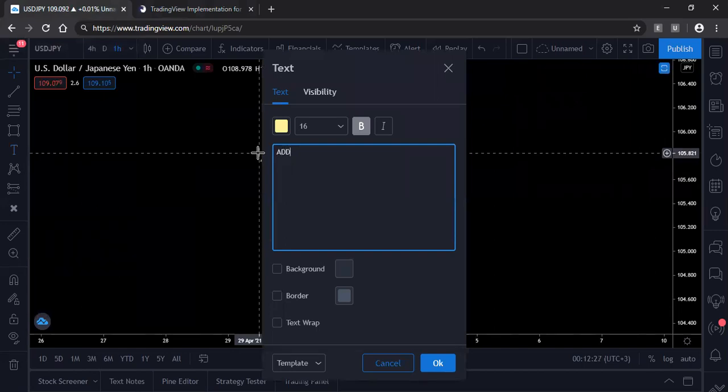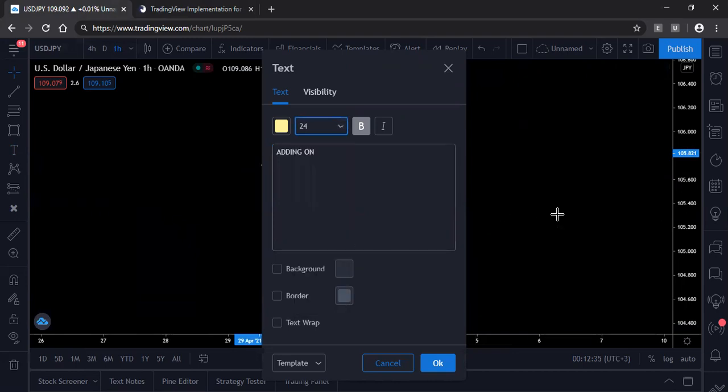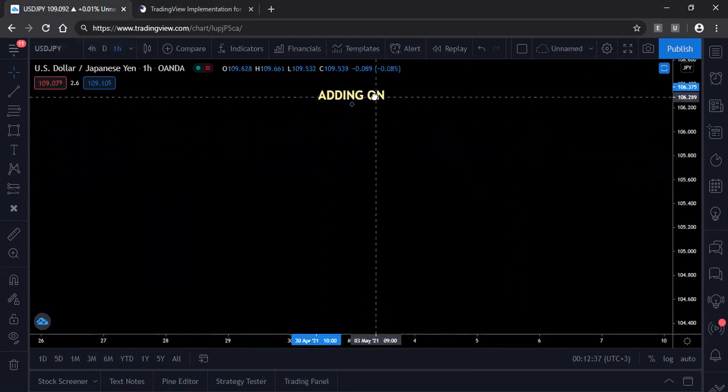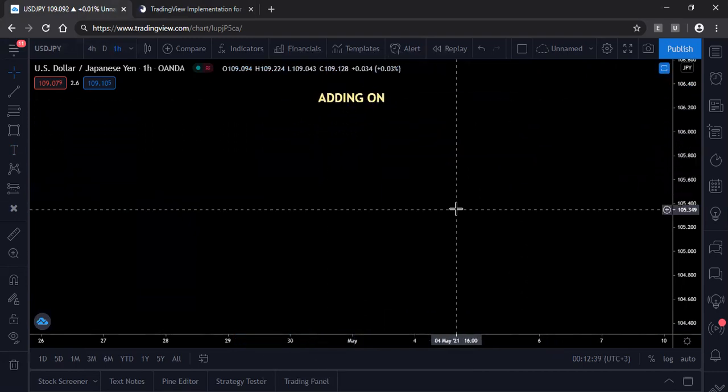I call it adding on. Adding on, as I just said, is one of the best ways you can increase your profit margin by a whole lot of scale.